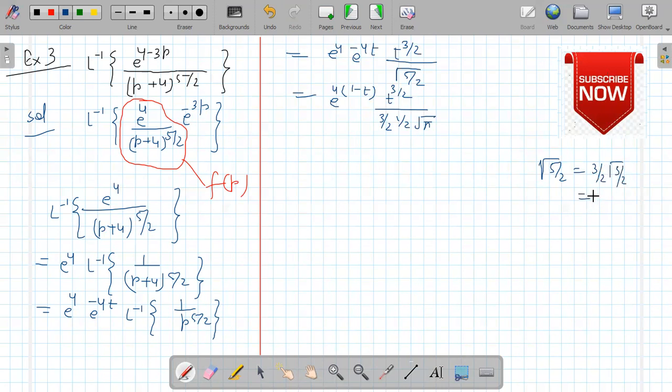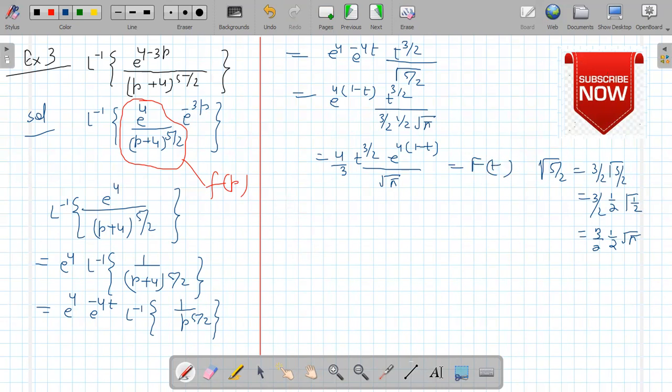Okay, then gamma 3 upon 2 is 1 upon 2 gamma 1 upon 2, so it is 3 upon 2 into 1 upon 2 root pi. Okay, so this is equal to 4 upon 3 t raised to the power 3 by 2 e raised to the power 4 (1 minus t), this is (1 minus t) whole divided by root pi. So this is our f(t).